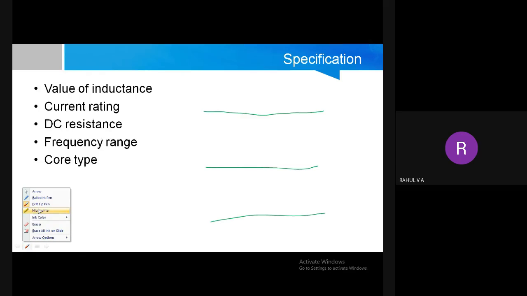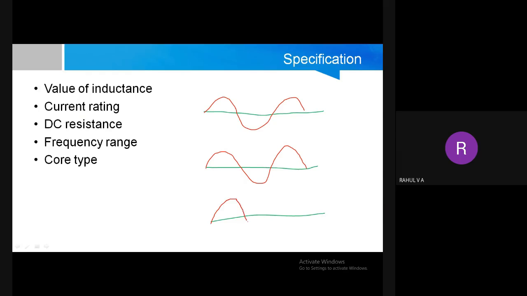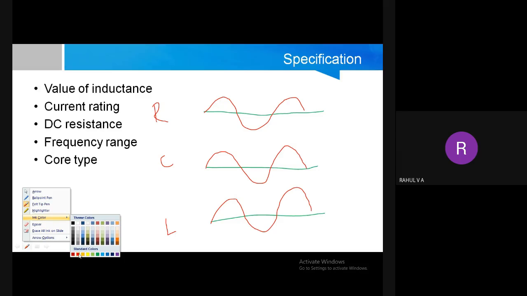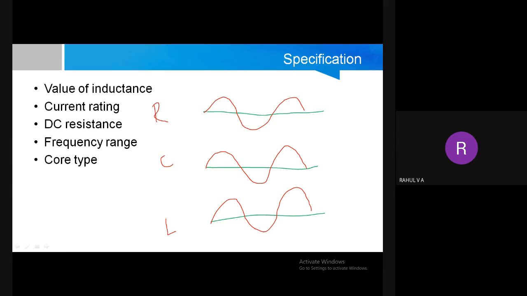Then I apply a certain amount of AC voltage, the same voltage, across the resistance, the capacitance and the inductance. Now about the current: if you apply voltage like this, the current through the resistance will also be in the same form as the voltage, with the same phase.